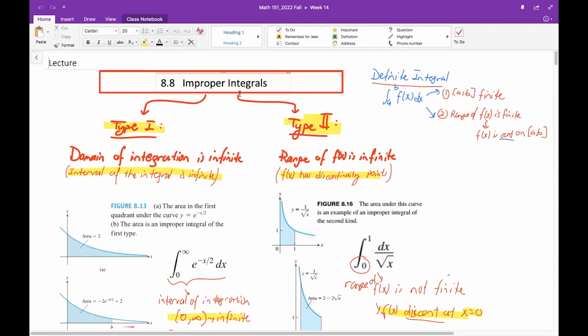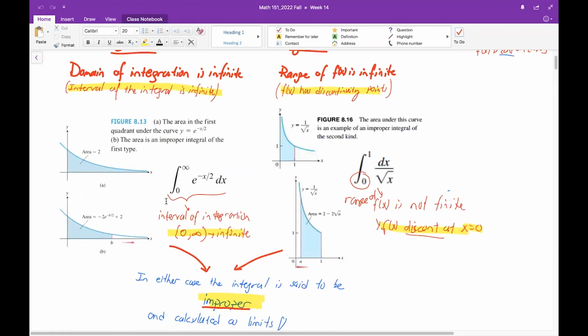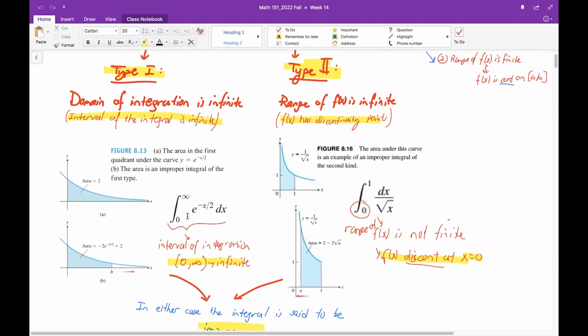We can divide improper integrals into two groups, type 1 and type 2. Type 1 consists of improper integrals like this one, and the property here is that the interval of the integration is infinite. Type 1 is all about the integrals whose interval is infinite. And remember what type 2 is.